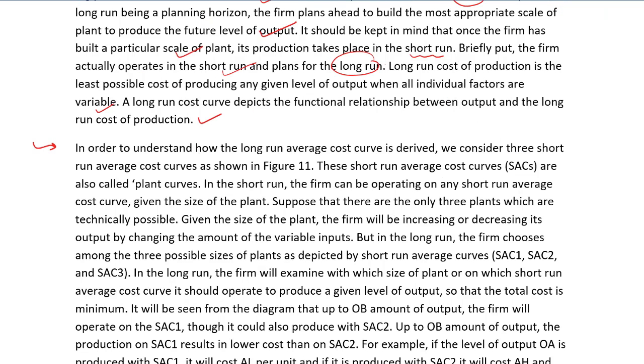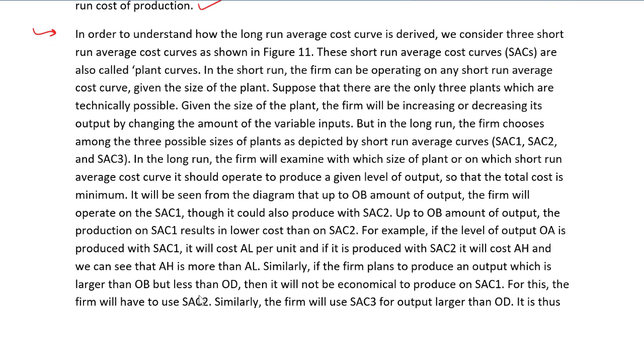Just try to understand from here. In order to understand how the long run LAC cost curve is derived, we consider three short run average cost curves, known as SACs, which are called plant curves. In the short run, the firm can be operating on any short run average cost curve given the size of the plant. Suppose that there are only three plants which are technically possible.